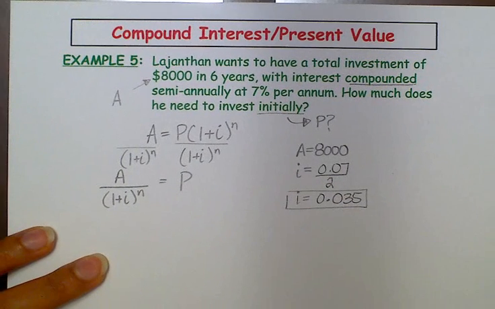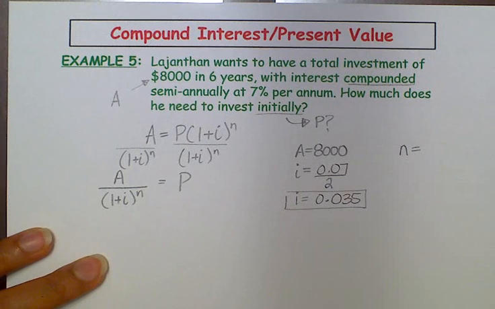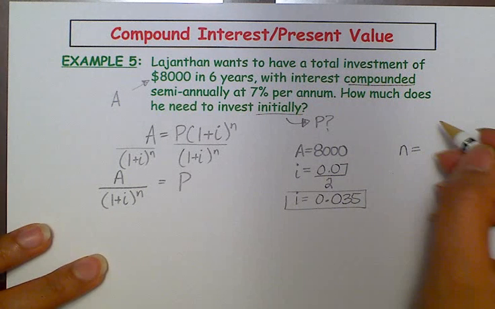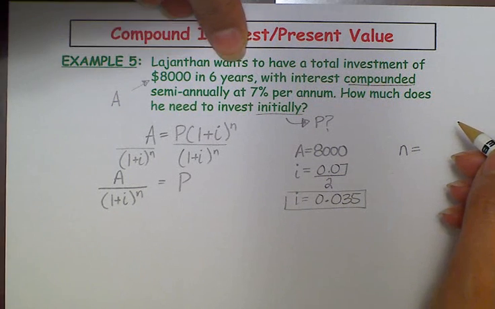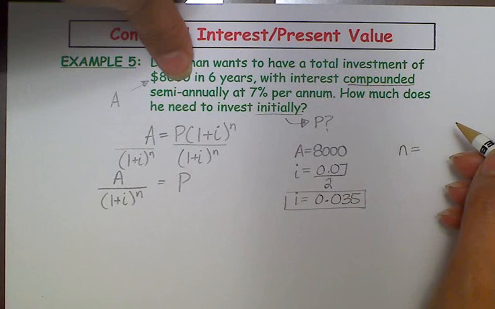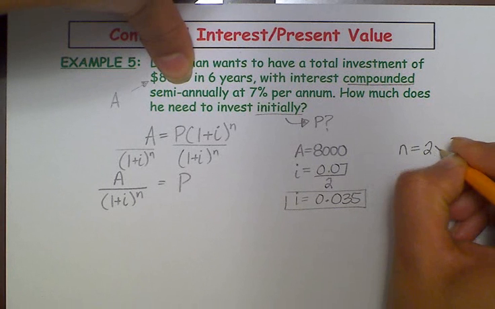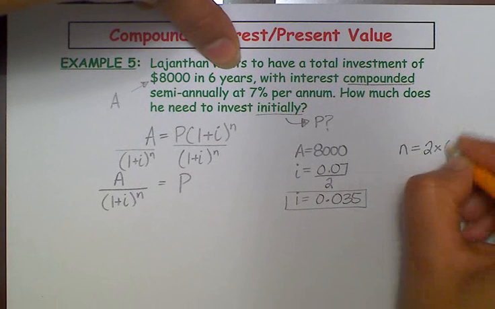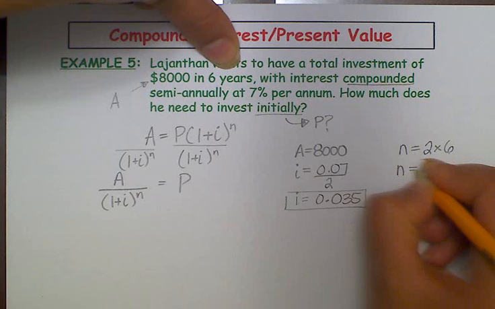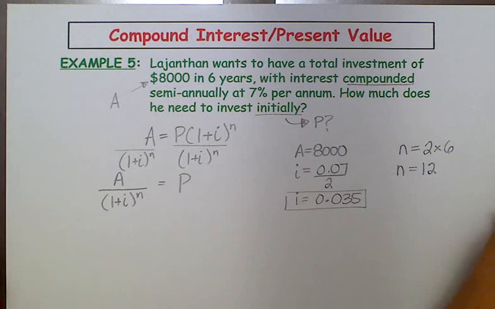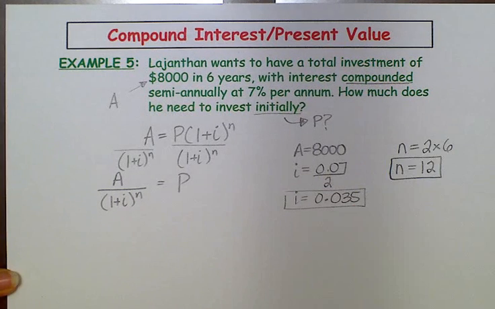Now the number of compounding periods. Because he's investing for 6 years in an account that's giving him semi-annual interest, he's earning interest twice a year for 6 years. That means he's earning interest 12 times over a span of 6 years. So there's all the information I need.